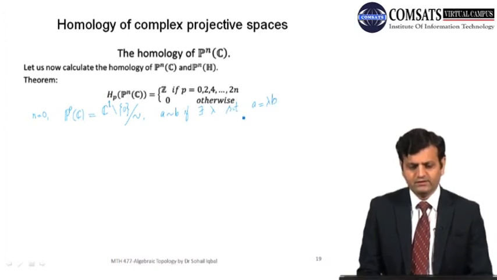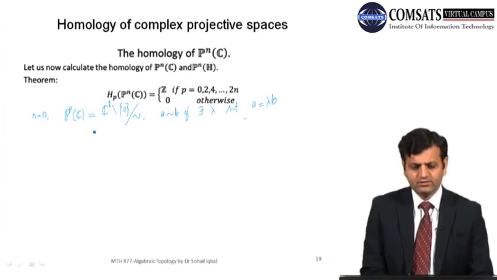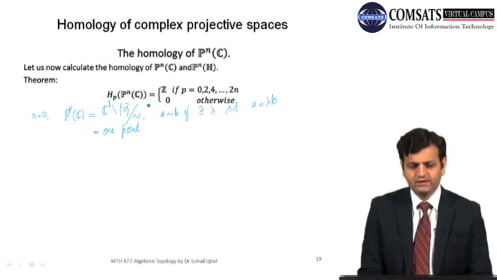So of course we can see that any two complex numbers are equivalent. So this is just going to be 1 point. Okay, and we know the homology of 1 point, so Z for p equal to 0 and it is 0 otherwise.